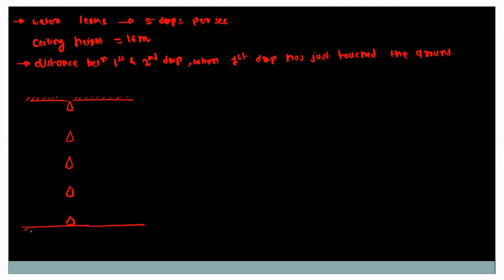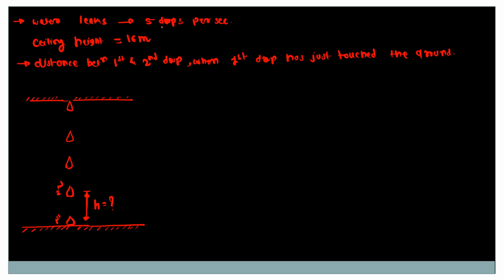And this is the ground. When the first drop has just touched the ground, this is the first drop. We have to find out the position of the second drop with respect to the first drop, so we have to find this vertical distance between the first drop and the second drop. We will assume this as h. So we have to find out this vertical height h.